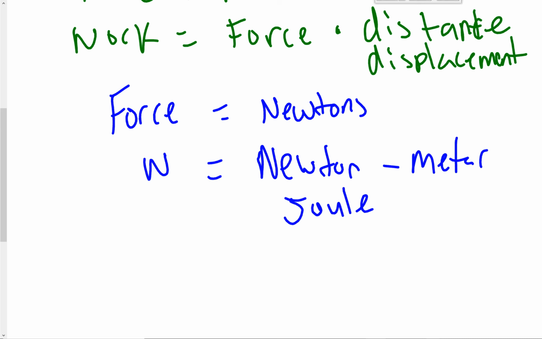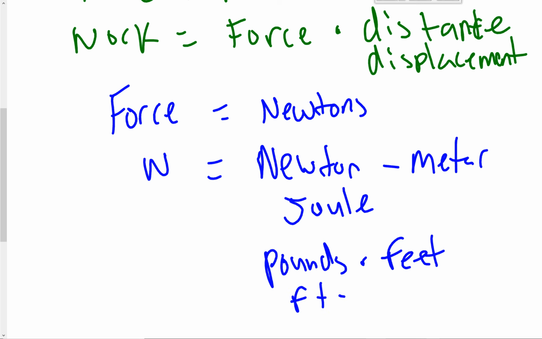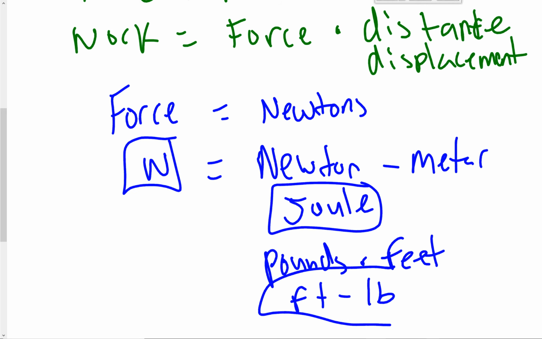Or if we look at weight, that already has acceleration in it. So if we look at weight as force, then we're looking at pounds. And if our distance or displacement is in feet, then we're talking a different kind of measurement. Instead of a joule, it's called a foot-pound. So that's another way to measure work, either by a joule or by foot-pounds.